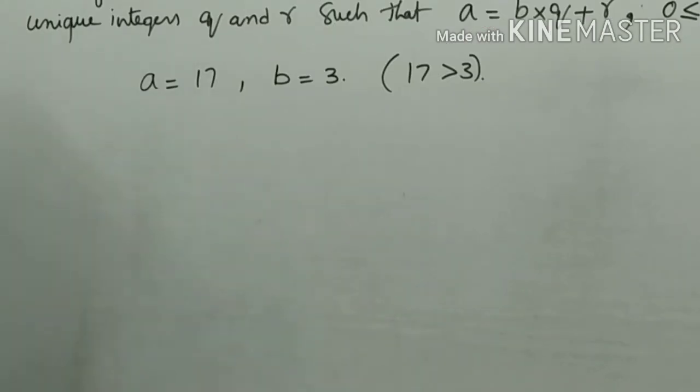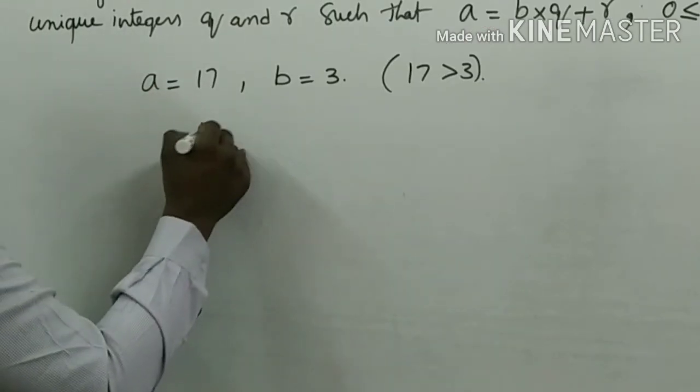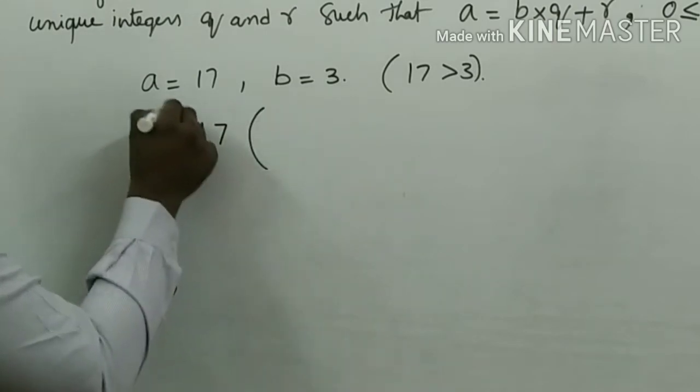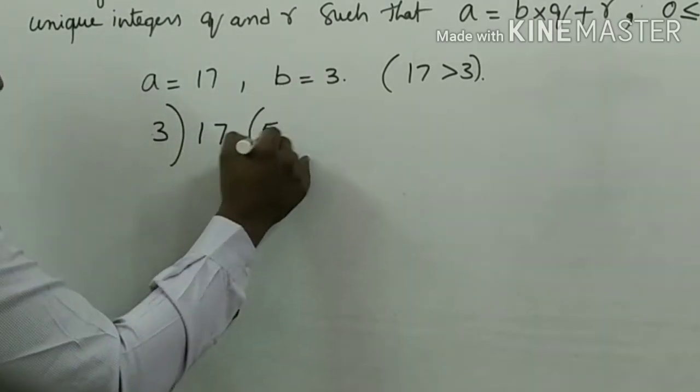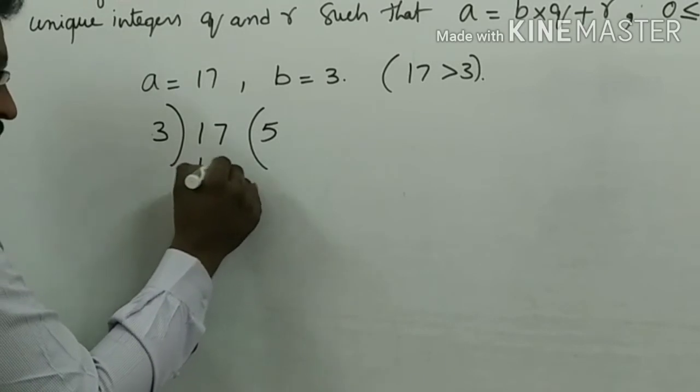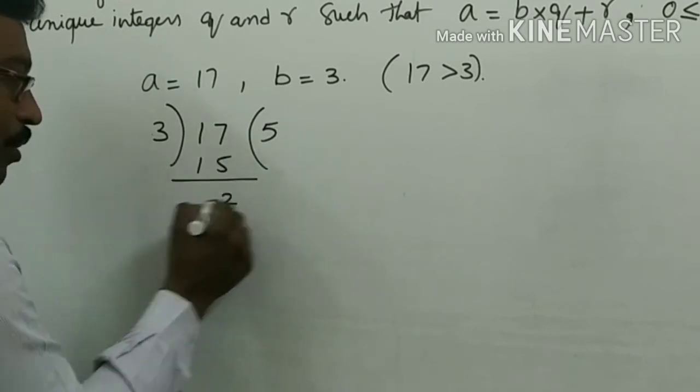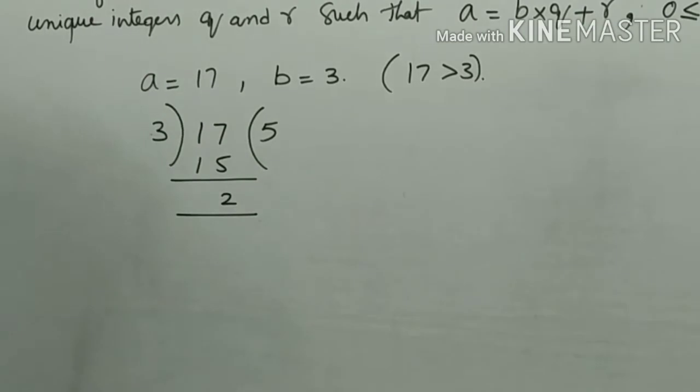This is called Euclid's division lemma. When you divide, 3 fives are 15, so 2 is the remainder.